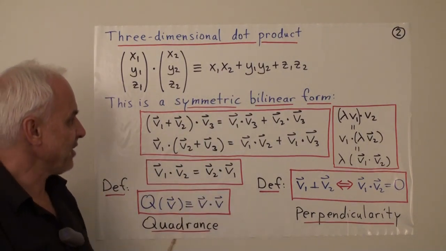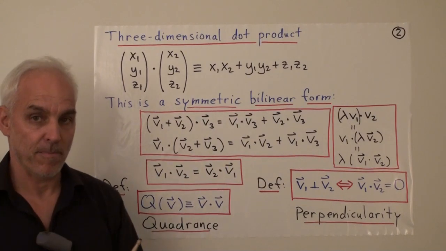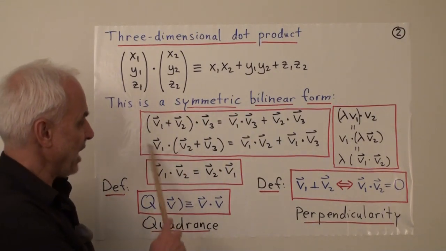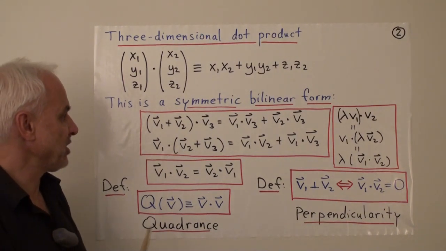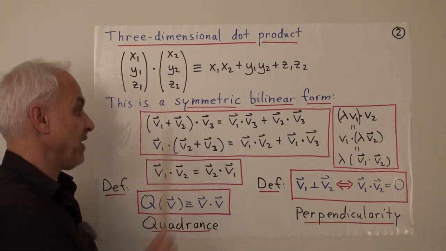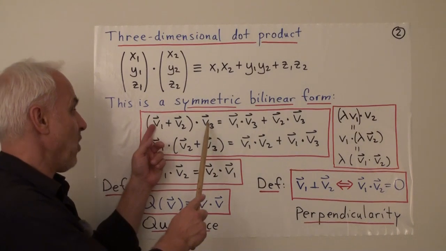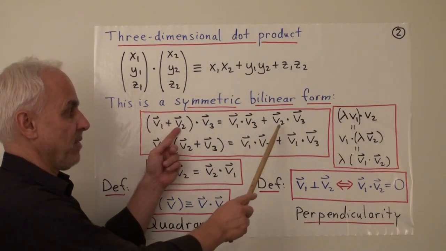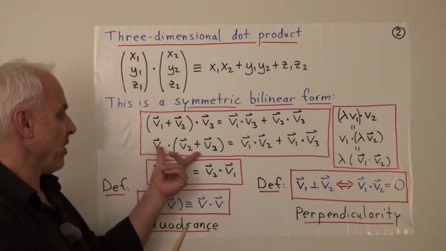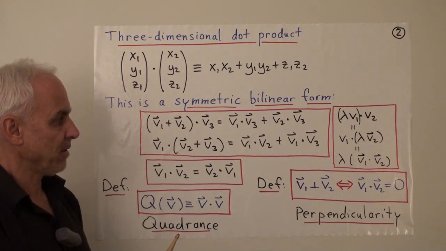And not surprisingly, this is a symmetric bilinear form, meaning that it satisfies the familiar bilinear relations that (v1 plus v2) dot v3 is v1 dot v3 plus v2 dot v3. And the other way around, very similar kind of story.